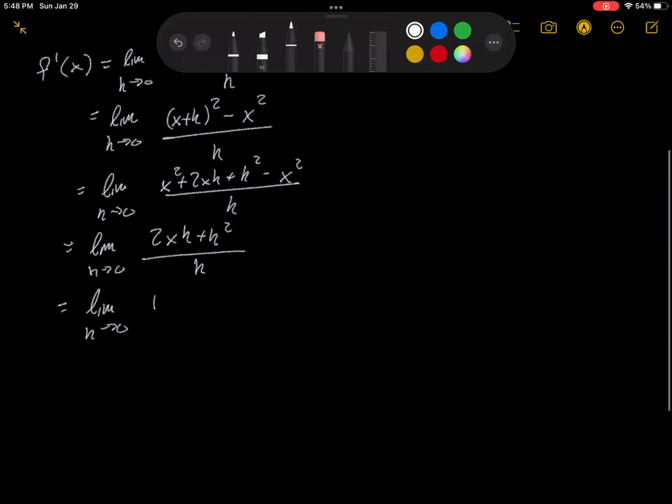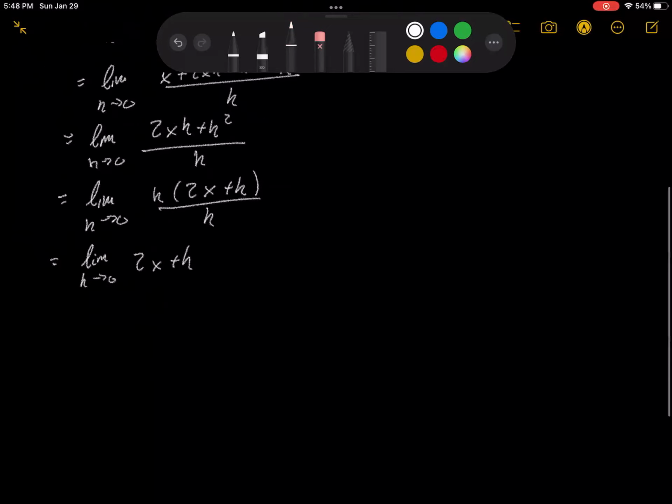Let's pull that out. 2x plus h. And there's our cancellation. Ooh, bad limit. Limit as h goes to 0 of 2x plus h. Now that I've performed that cancellation, I have no problem directly substituting. If I send h to 0, this becomes 2x.